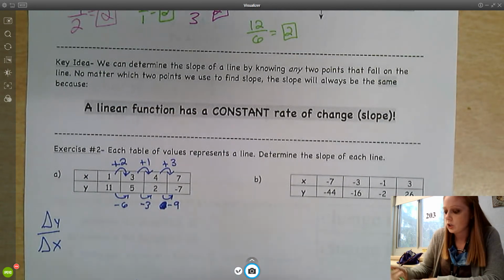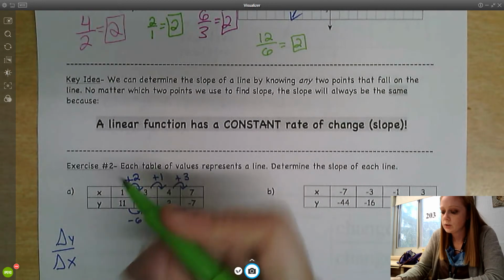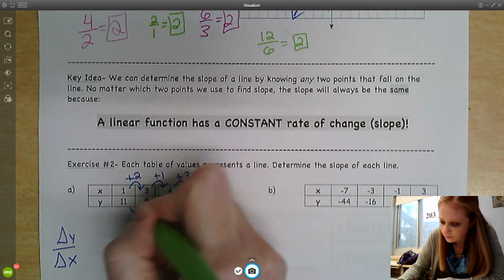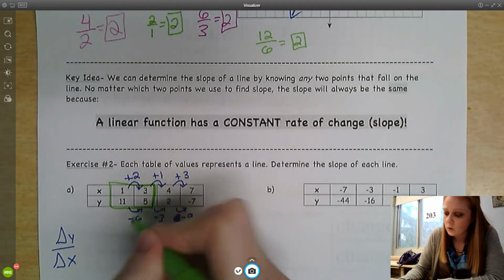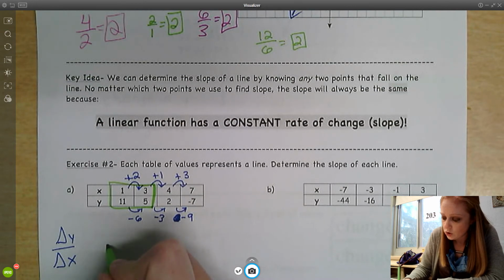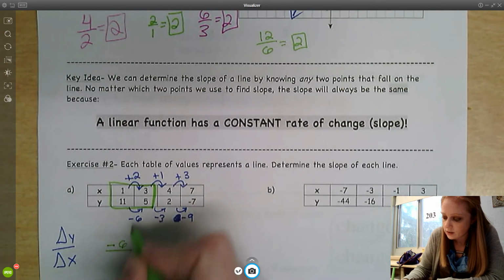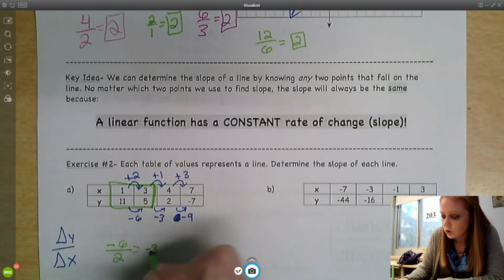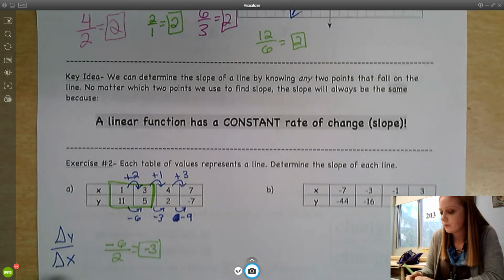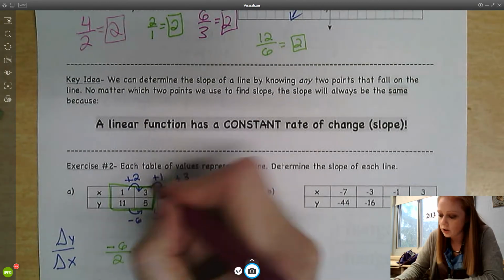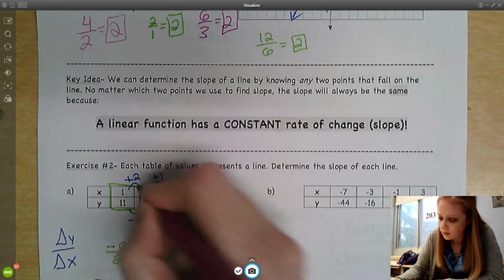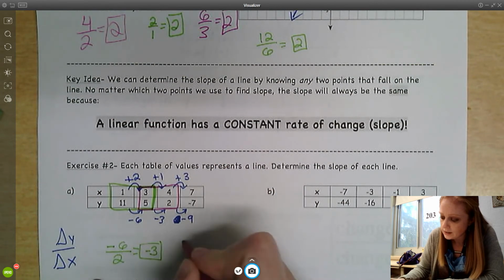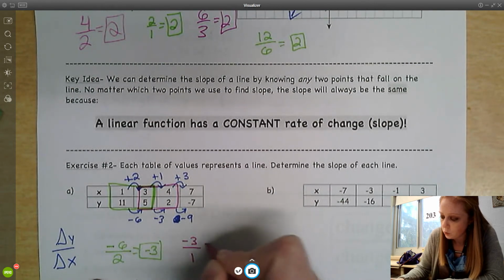If we wanted to use these points, we would look at the change in y is negative 6. The change in x is 2, which is going to give us a slope of negative 3. Okay, what if I wanted to look at these points? The change in y is negative 3. The change in x is 1.